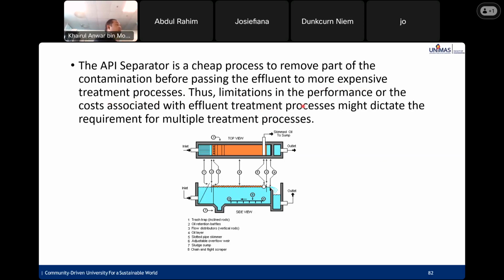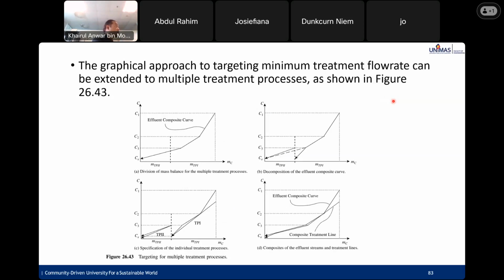There's limitation in the performance, or the cost associated with effluent treatment process might dictate the requirement for multiple treatment processes. The graphical approach to targeting minimum treatment flow rate can be extended to multiple treatment processes, as in figure 26.3.